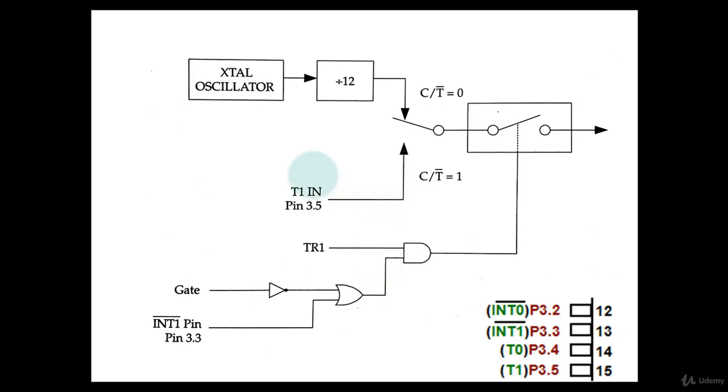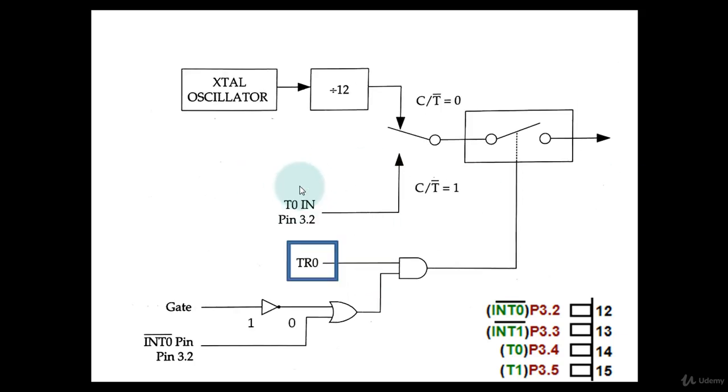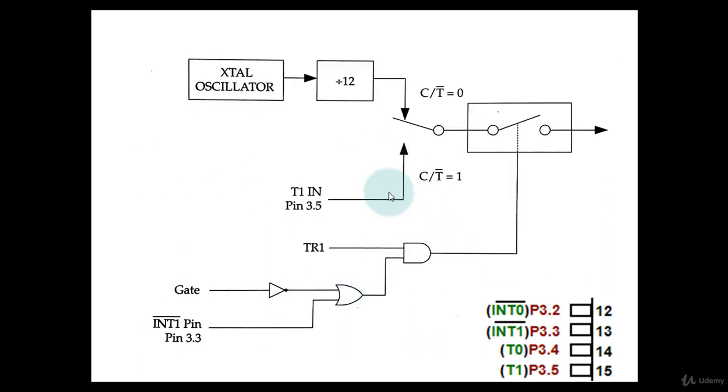Similar is true for timer 1. This diagram is for timer 0, this one is for timer 1. The operation is the same in both the cases for timer 0 and timer 1.